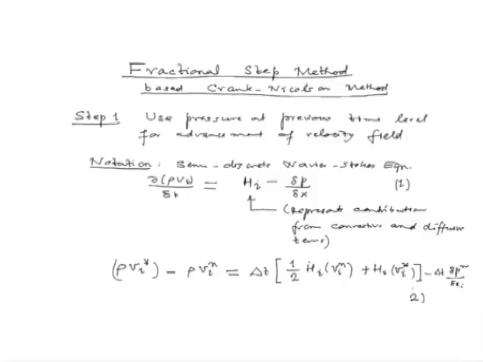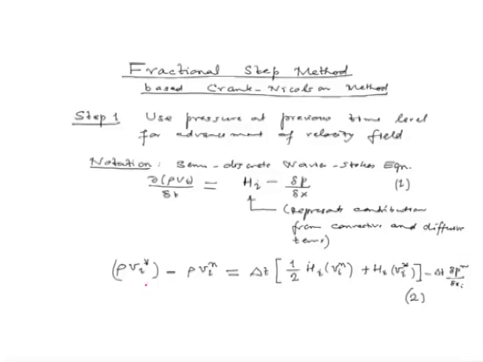Let us call this equation 2. Now, remember here we have got the terms in V i star on both the sides. So, this would represent a system of equations which have to be solved to obtain the solution V i star.